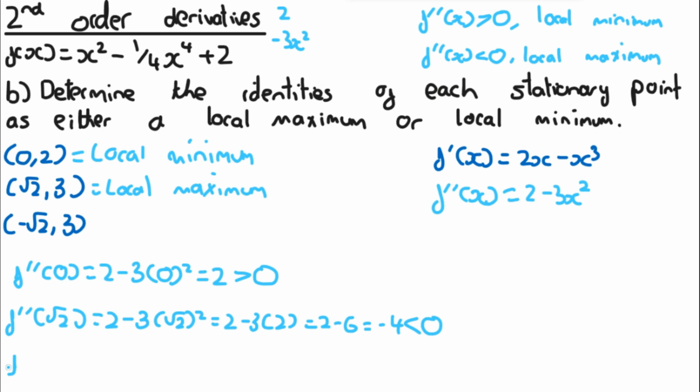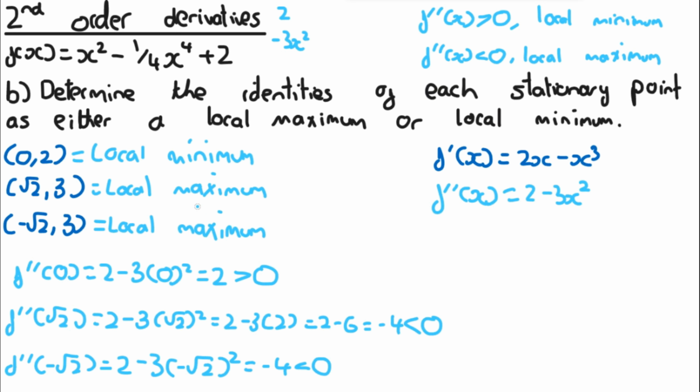And then f dash dash of minus root 2 is going to be equal to 2 minus 3 minus root 2 squared, and because it's a squared, the positive and negative is affected the same, so this is also going to be minus 4, which is less than 0, so it is also going to be a local maximum.